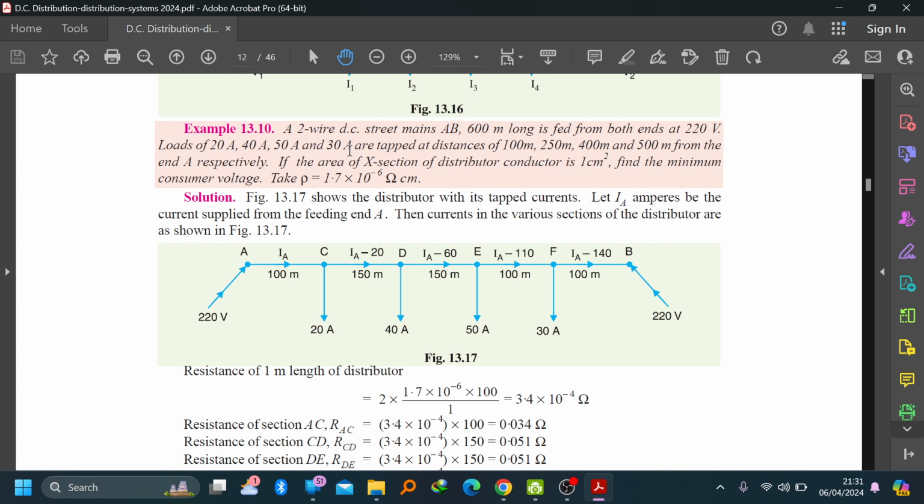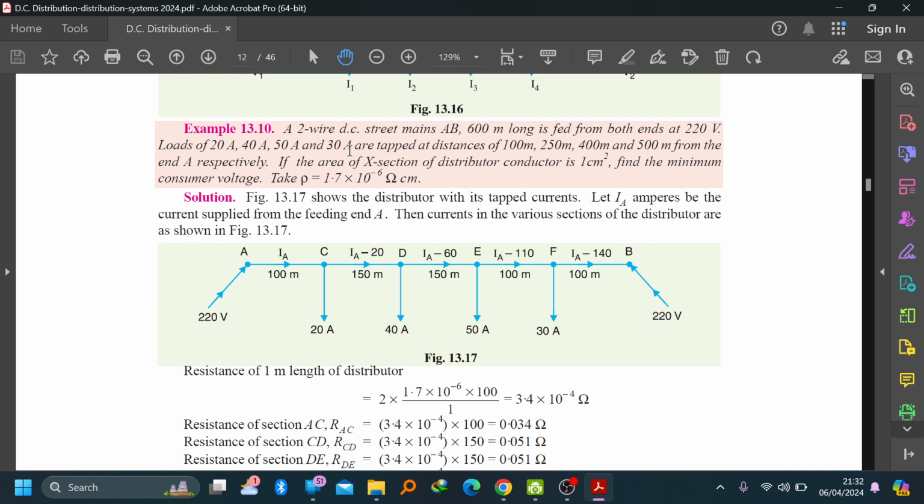A 2-wire DC street mains AB 600 meters long is fed from both ends at 220 volts. Loads of 20 amp, 40 amp, 50 amp, and 30 amp are tapped at distances of 100 meters, 250 meters, 400 meters, and 500 meters from the end A, respectively.